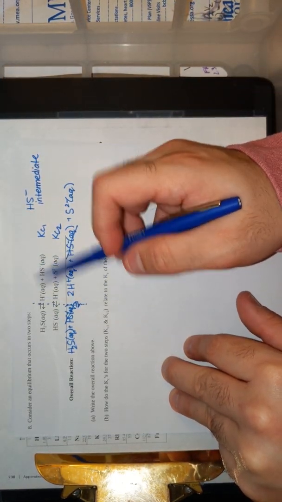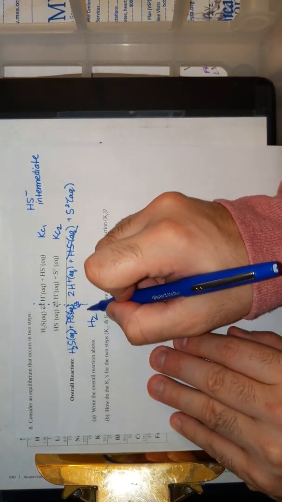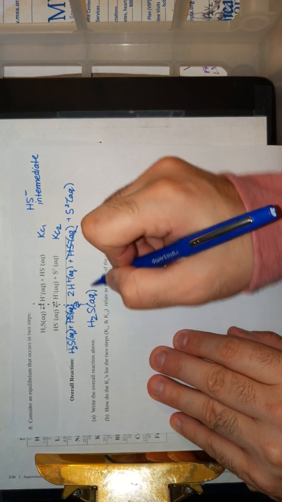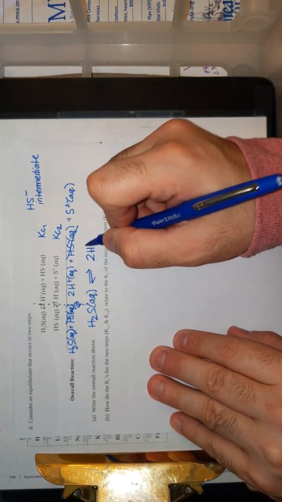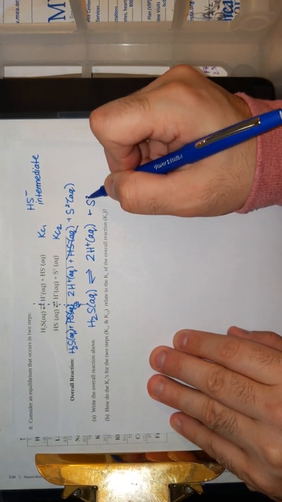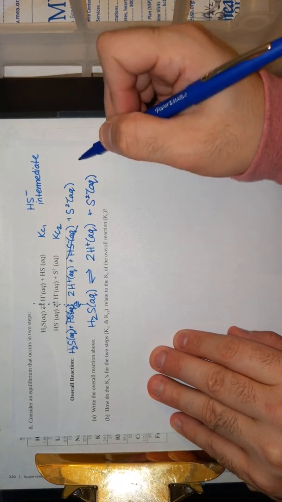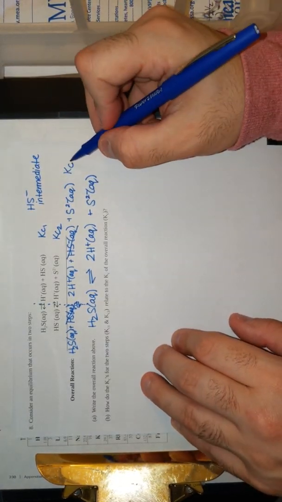It's made in the first step and then used up in the second. Anyways, so that's my overall reaction: H2S aqueous in equilibrium with 2H plus aqueous plus S2 minus aqueous. All right, and this is going to have its own Kc. Let's call it Kc3.